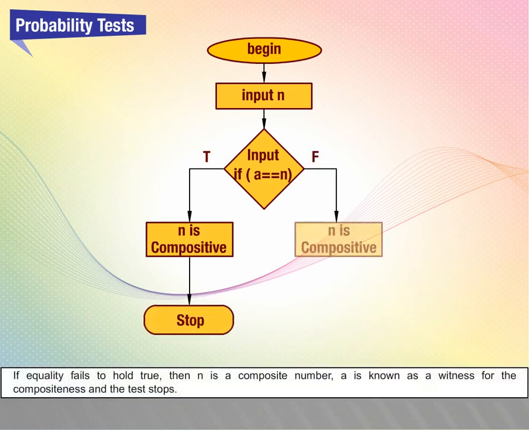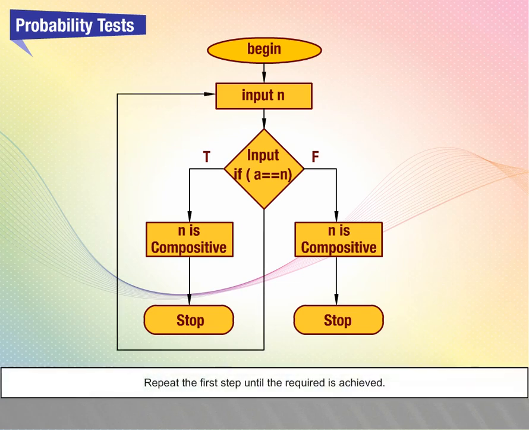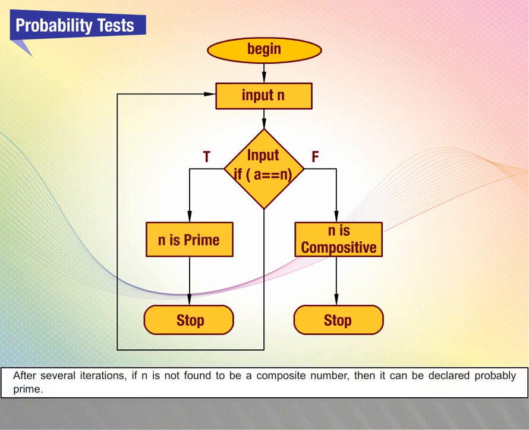If the equality fails to hold true, then n is a composite number. a is known as a witness for the compositeness, and the test stops. Repeat the first step until the required confidence is achieved. After several iterations, if n is not found to be a composite number, then it can be declared probably prime.